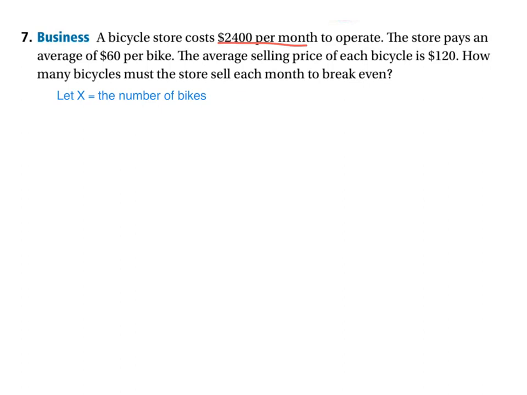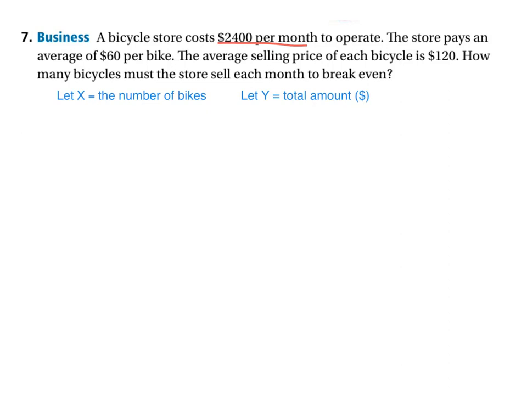Let's say number of bikes, because we're going to use that for sold and for bought by the store as well. And then let's define the other variable. Let Y equal the total amount in dollars. By defining the variables like this, you can then know what it is that you're using for X and Y, and we can keep everything straight.